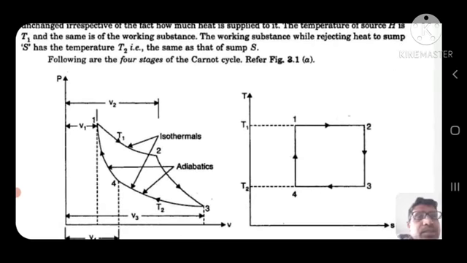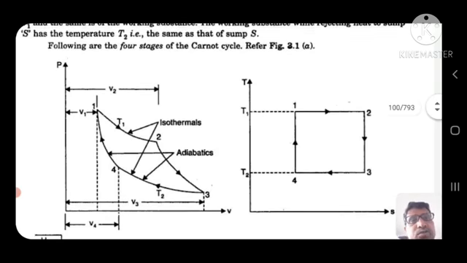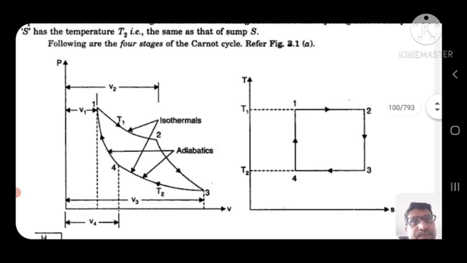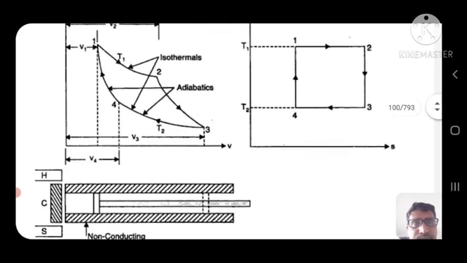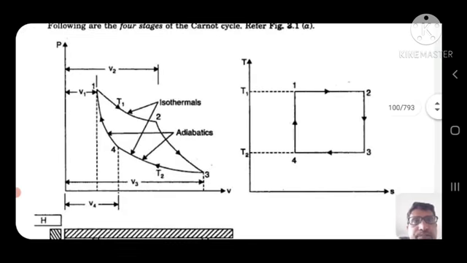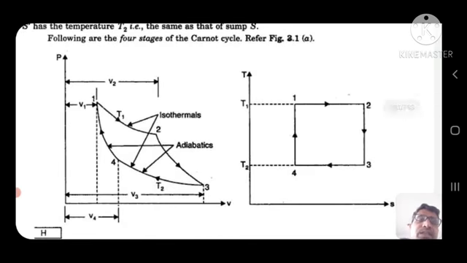The temperature of the source H is T1, the same as that of the working substance. The working substance, while rejecting heat to the sink S, has the temperature T2, the same as that of the sink. Now, following are the four stages of the Carnot cycle.